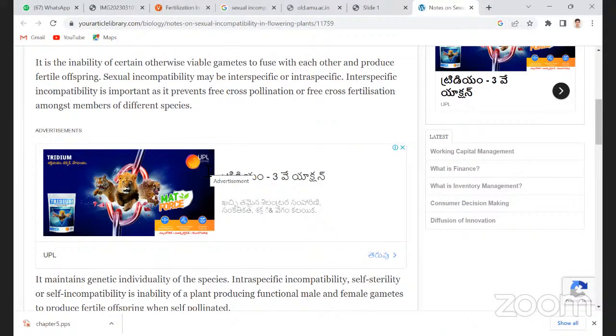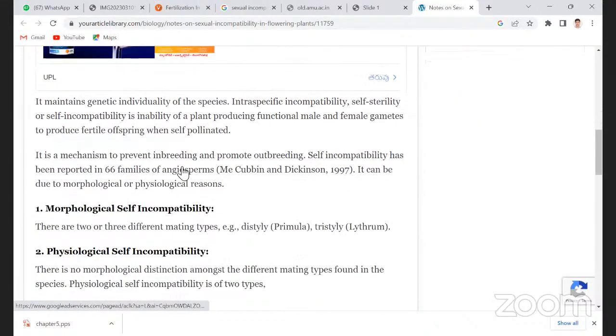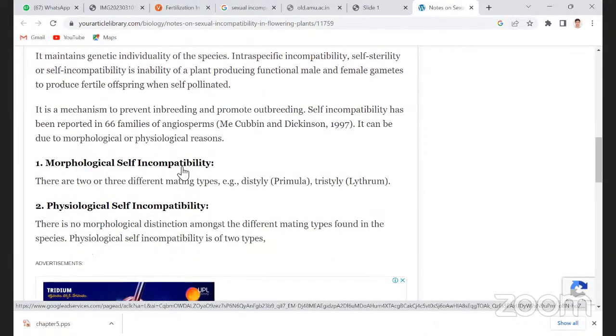Sexual incompatibility may be interspecific or intraspecific. Interspecific incompatibility is important. It prevents cross pollination or cross fertilization amongst members of different species. So it maintains the genetic individuality of the species.